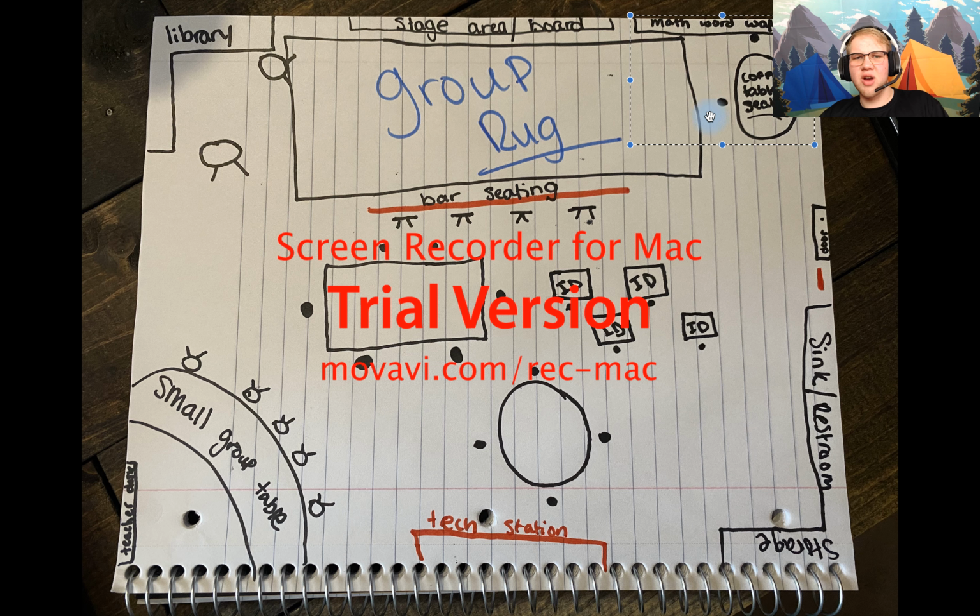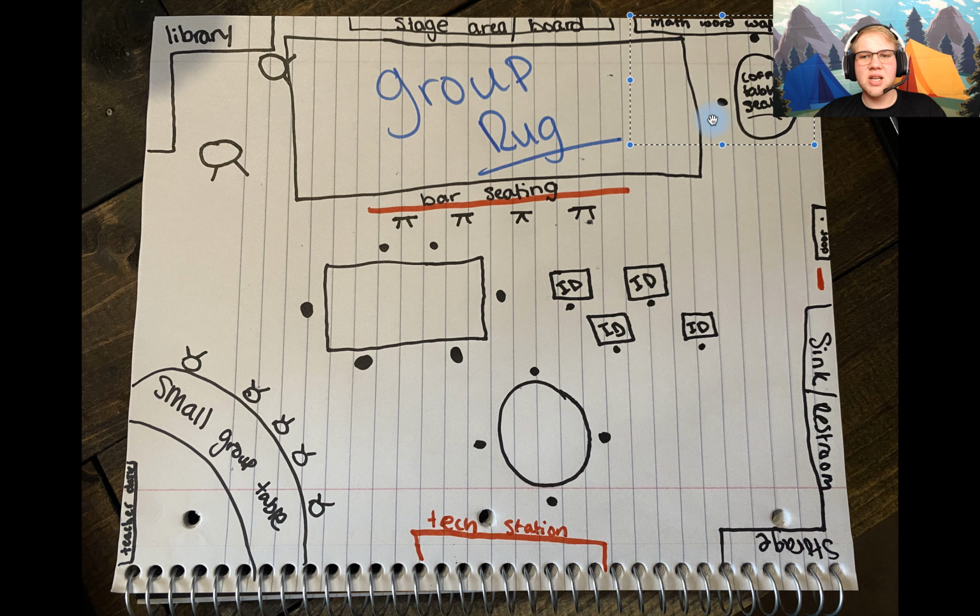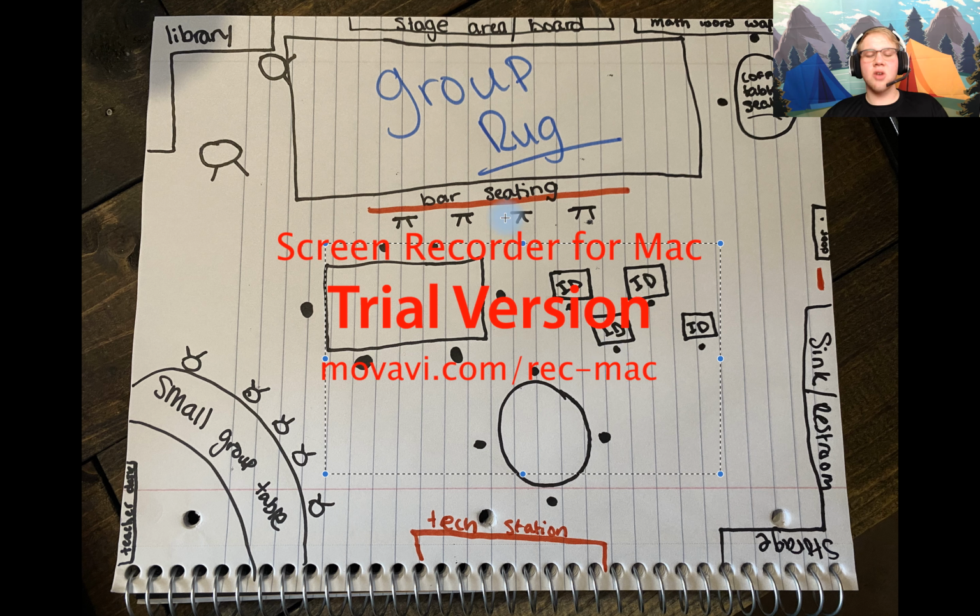I also have another preferential style of seating, the coffee table seating. I'm going to hop over behind the bar seating to this big area right here. This is where mainly the students' desks are. We have one square or rectangle table that's going to have most of the students sitting at it.